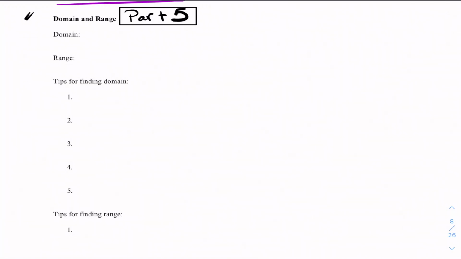So starting with part 5, we're going to do somewhat of an analysis on the functions that you're aware of and their basic properties. When we talk about functions, we like to identify the domain of a function and the range of the function. Simply put, the domain is all possible x values.